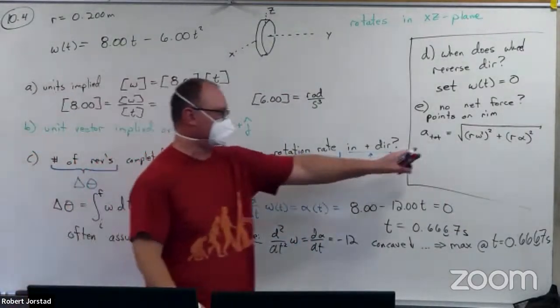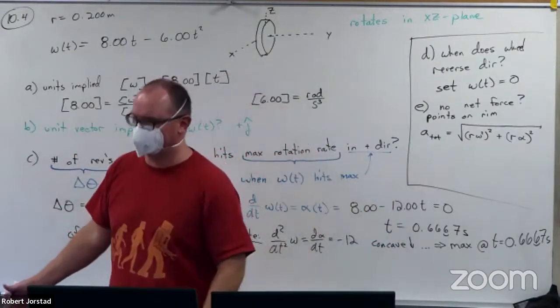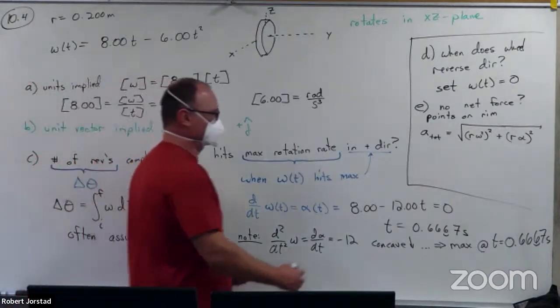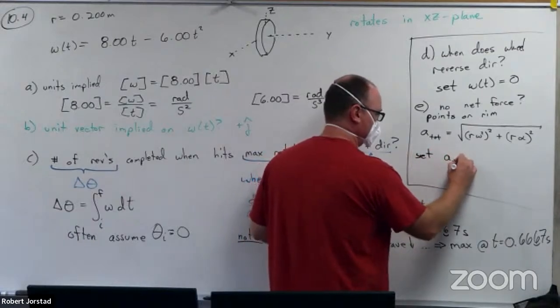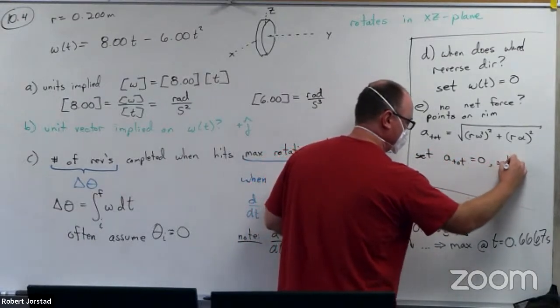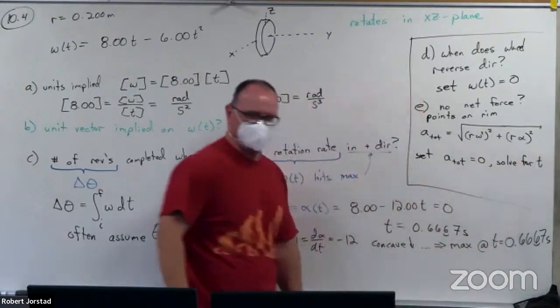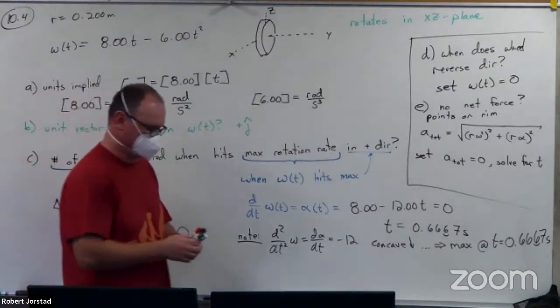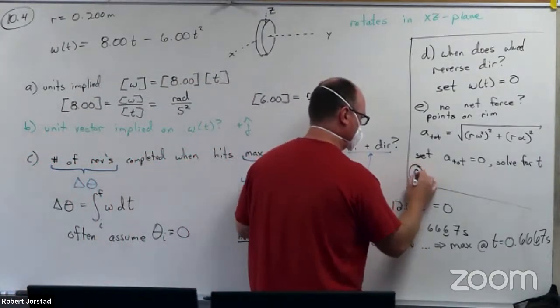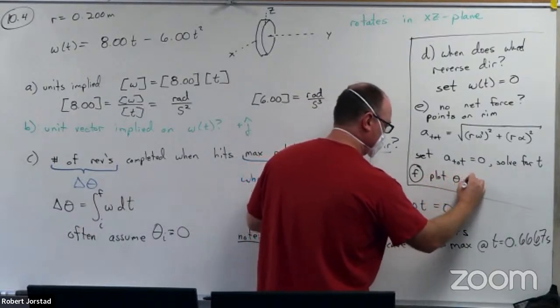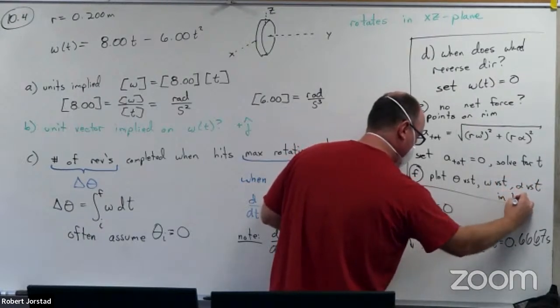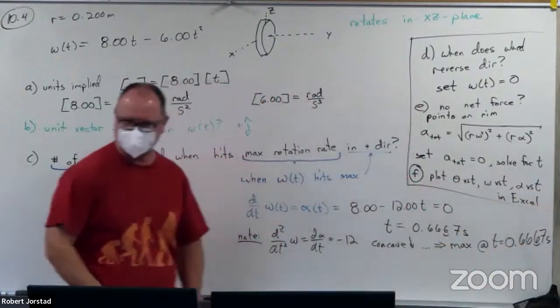Do we have an equation for a total? You bet. We just shove in the equations now. And then solve for t. And then the last one is make some plots. I think you could do that at home with Excel. Got it?